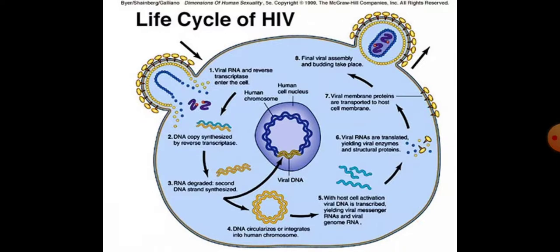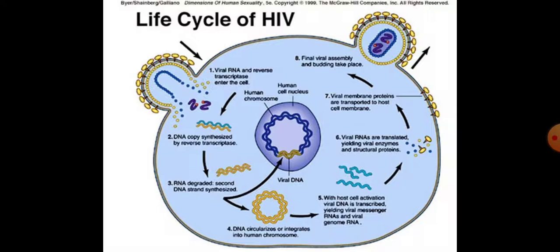But in reverse transcription, the DNA is synthesized from RNA. So after this step, the viral RNA is degraded, whereas the newly formed complementary DNA is duplicated in the third stage. Duplicated means becomes double-stranded.